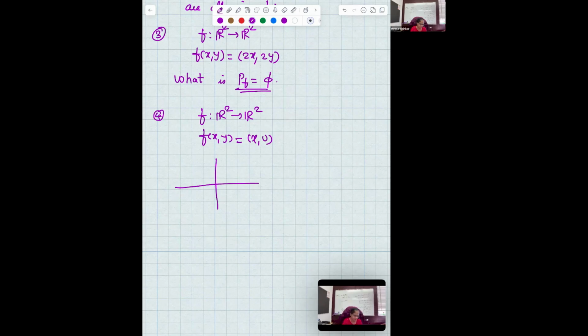Suppose you take 2 points A and B with distance, say, 1, but then you project them on the x-axis, then you have the same image. So the distance between f of A and f of B is in fact 0, whereas the distance between A and B is 1. So no distance will be preserved here, and in fact any r will work. So no distance is preserved. Again, PF in this case is empty.